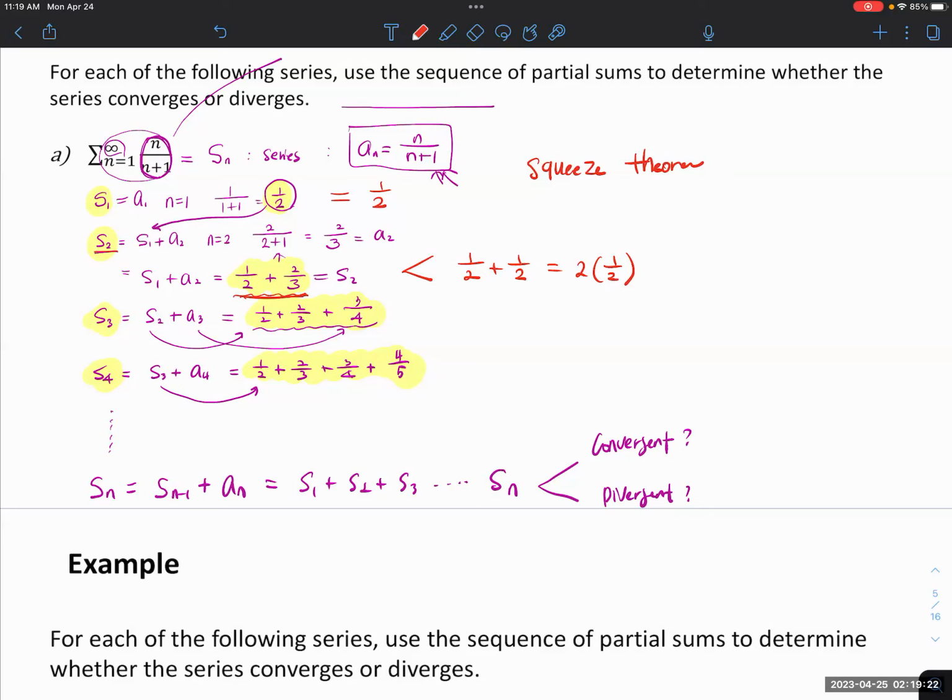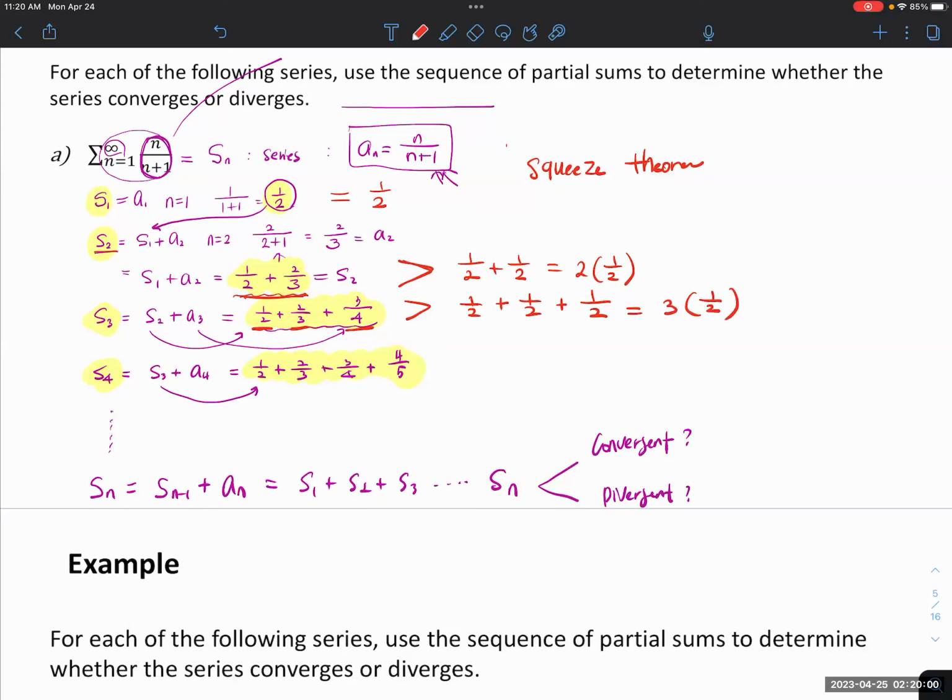So what I'm saying is, S2, we don't know where it's heading, but this is definitely smaller than 1/2 plus 1/2. Oh, actually my mistake, guys, I'm sorry. This is the opposite direction, because 2 divided by 3 is 0.66. Actually, they are larger, so I need to switch that inequality. 3/4 is larger, so this is larger than 3 times 1/2.